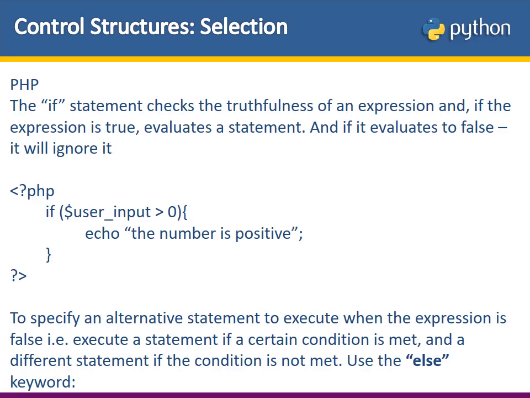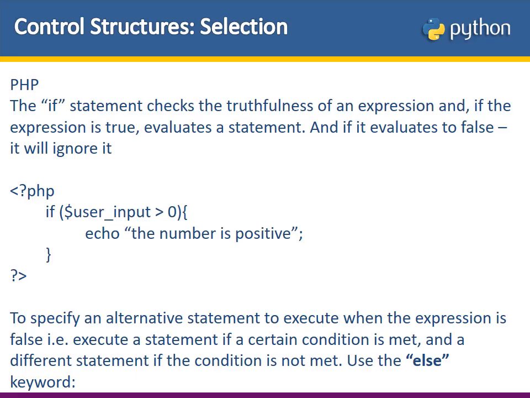It's similar to Python, which executes a block of code only if a condition is true. It's just the syntax, the rules of how you write the code in PHP.